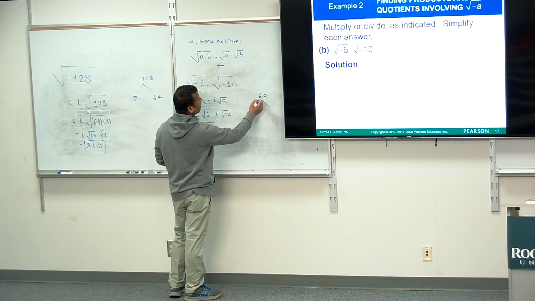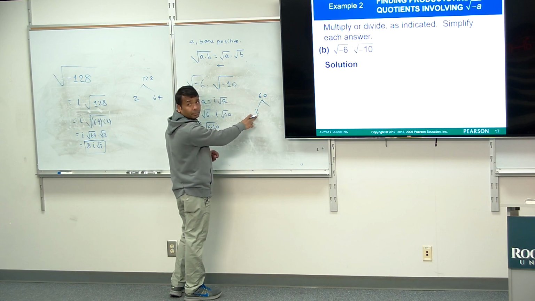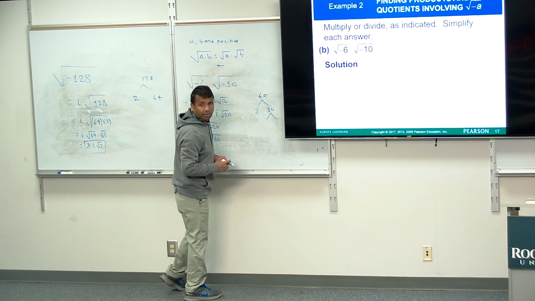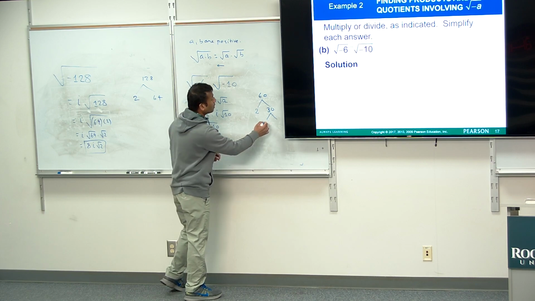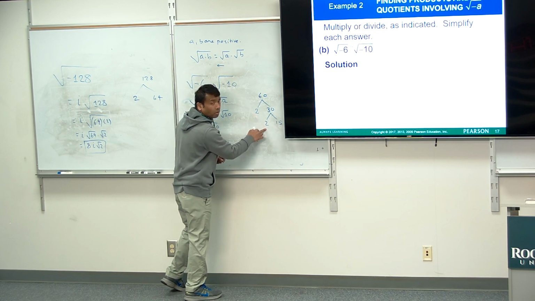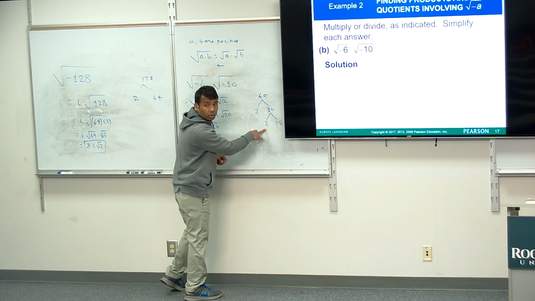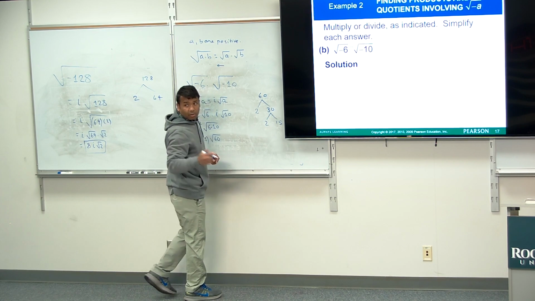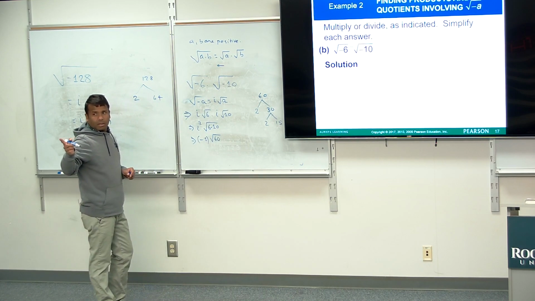What is the least prime number that divides 60? 2, is that right? 2 times 30. What is the least prime number that divides 30? 2. Now look here: 2 times 2 is 4, times 15. Is that right? And you see 4 is a square number, right?